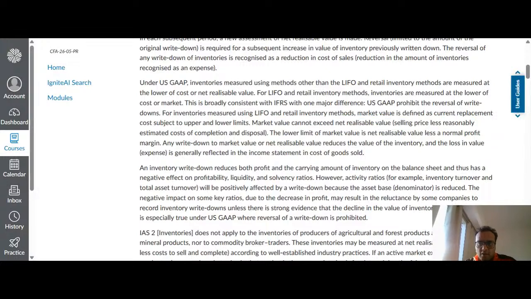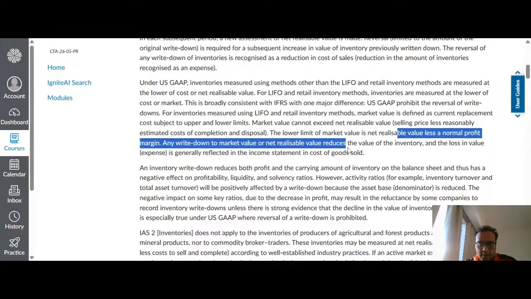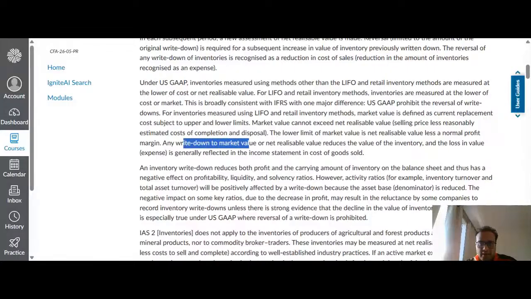The lower limit of market value is net realizable value less a normal profit margin. Any write-down to the market value or NRV reduces the cost of inventory. आपकी वैल्यू सीधी कम हो जाएगी. And loss in the value is generally reflected in the income statement.